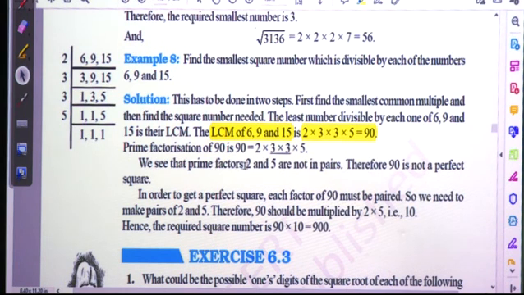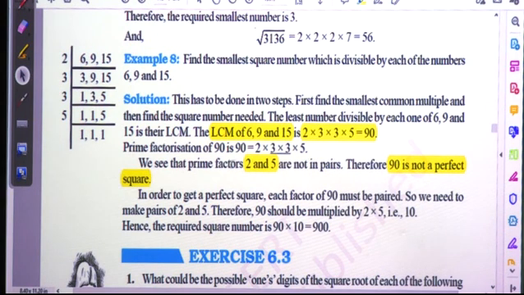We see that prime factors 2 and 5 are not in pairs. Therefore, 90 is not a perfect square.